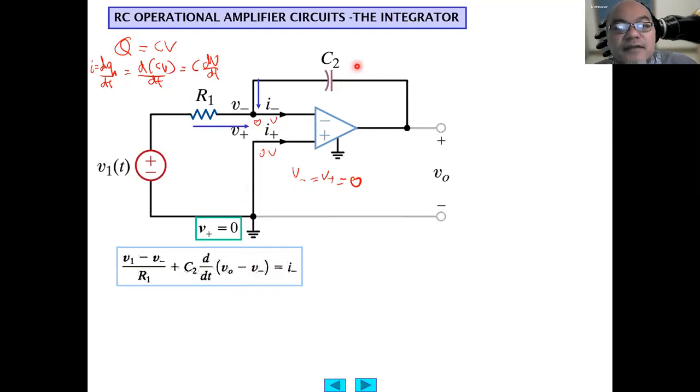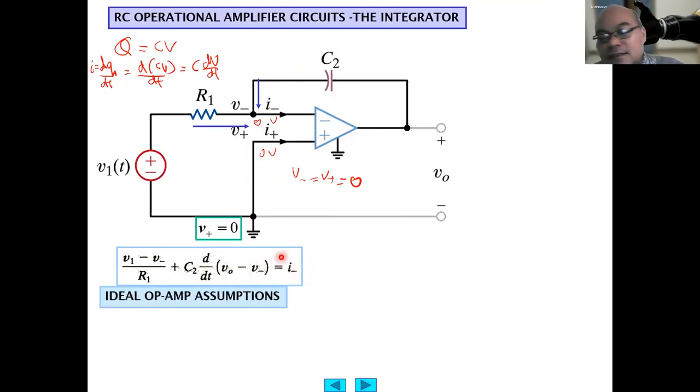The voltage difference that makes the current flow through the capacitor is V out minus V minus. So C2 times d/dt of (V out minus V minus) equals I minus. Basically, currents in equal currents out, which is one expression of Kirchhoff's Current Law.